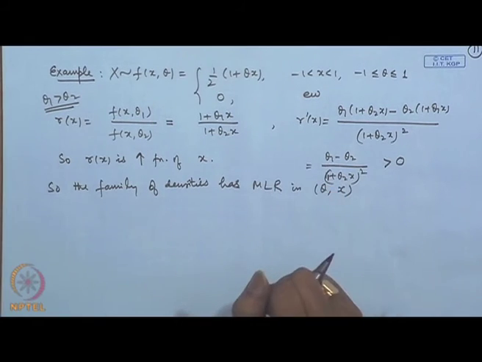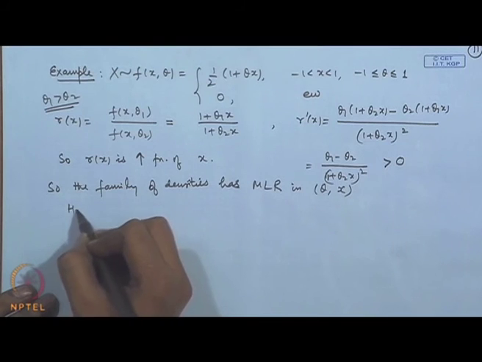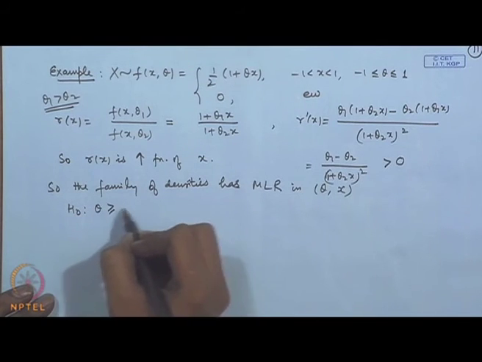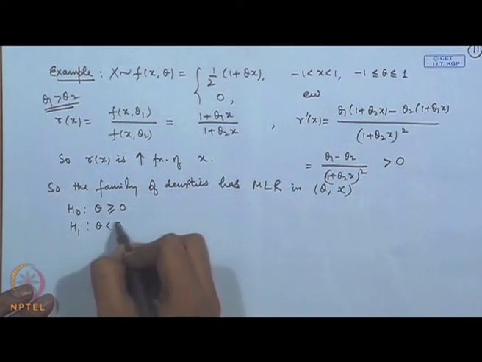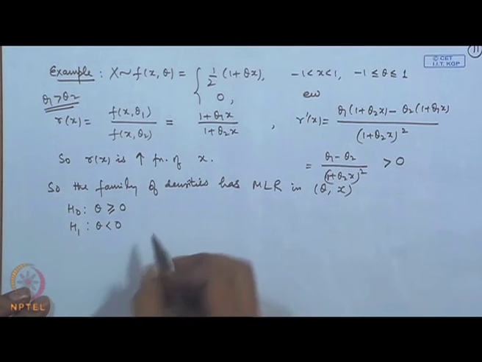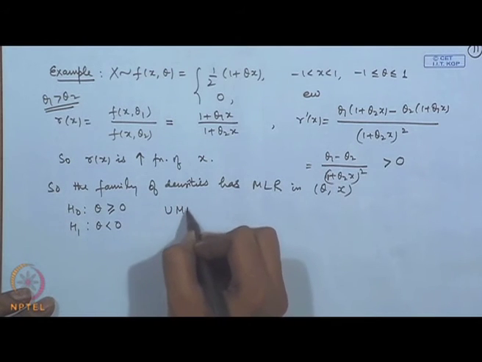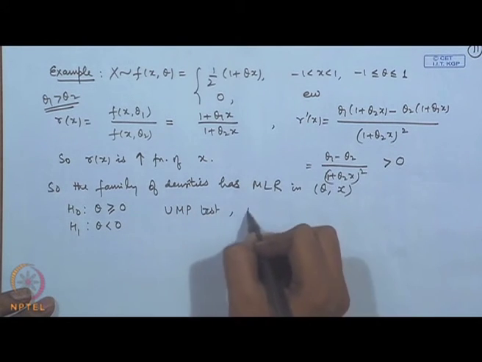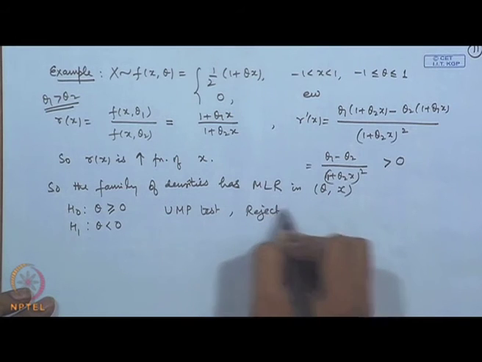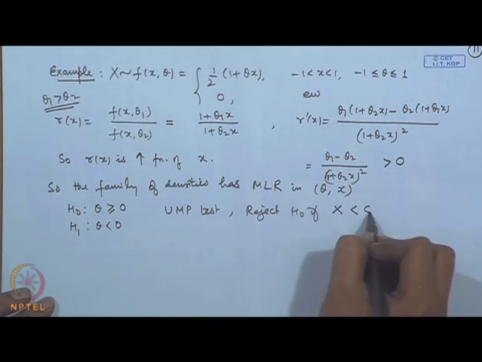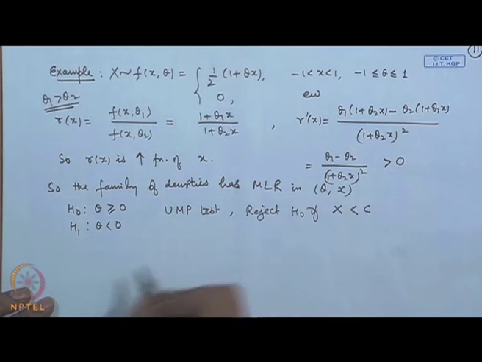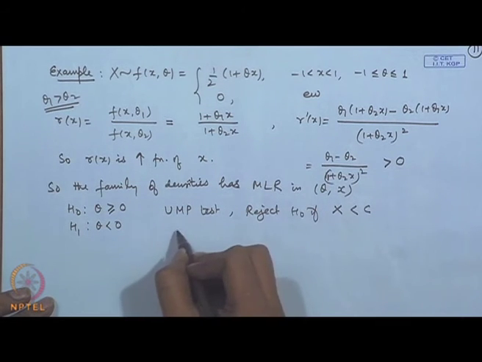So, now it is nice that we can actually derive the UMP test. Suppose I consider the one sided testing problem, theta greater than or equal to 0 against say theta less than 0. So, the UMP test will be: reject H naught if x is less than c, and c is determined from the size condition.